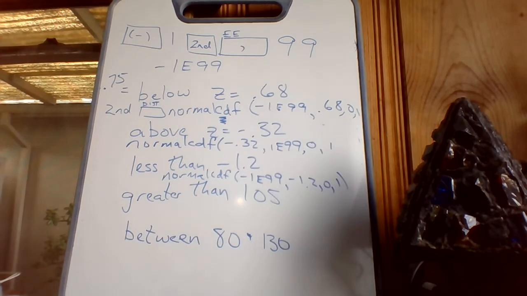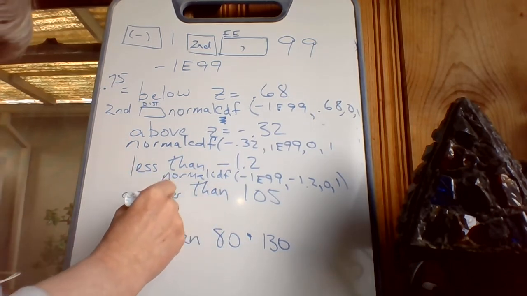Greater than 105. All of a sudden, we're into the last section of homework, and it's talking about IQ. So it has to give you a different mean and a different standard deviation. In all these other ones, the mean is 0 and the standard deviation is 1. But all of a sudden, we're talking IQ. You don't want to be putting in 0 and 1.